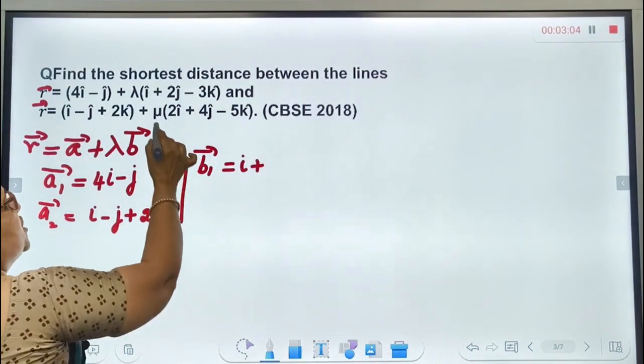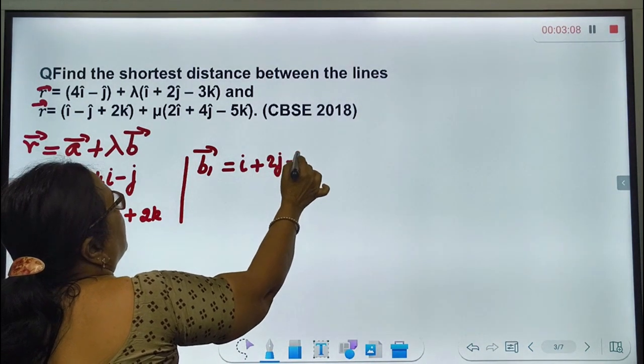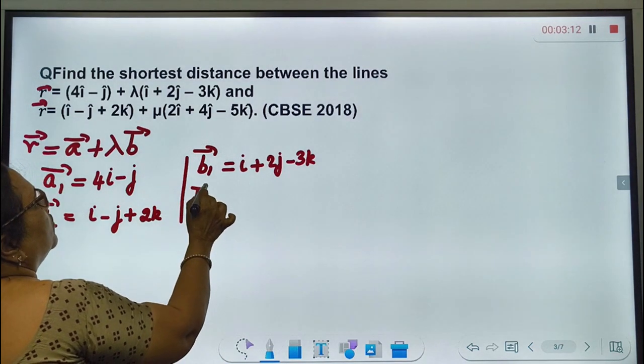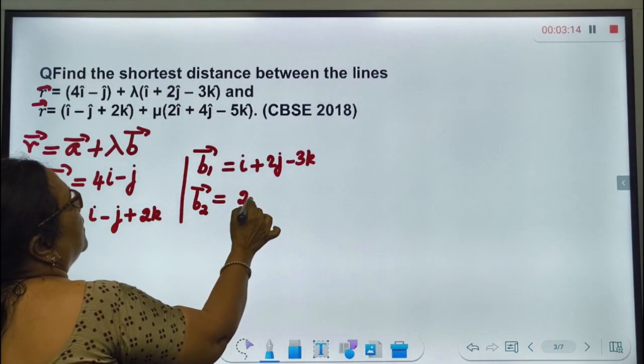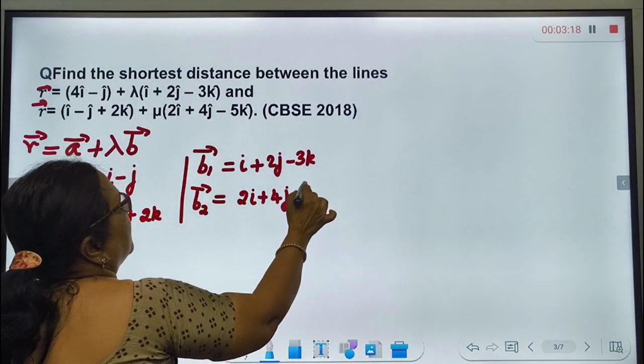The drs of the first line are given by i plus 2j minus 3k. b2 vector equal to 2i plus 4j minus 5k.